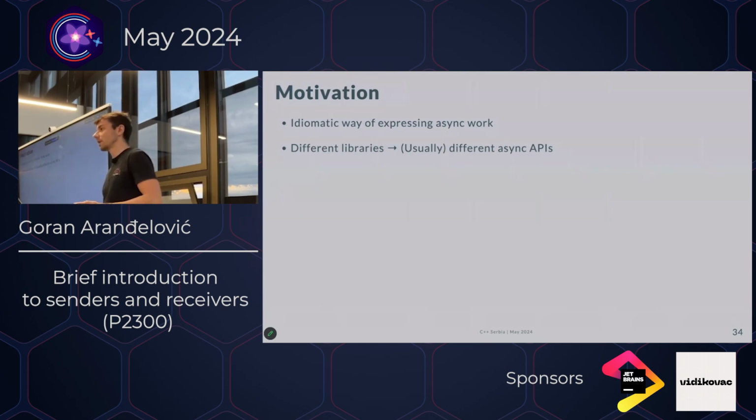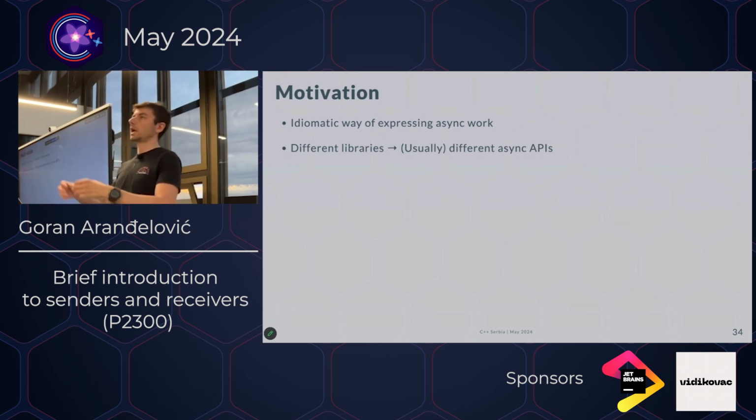On Windows, you will probably use I/O completion ports or something like that. On Linux, you will use epoll, and if you want to combine these two things, it's very difficult. I mean, to unify these things.